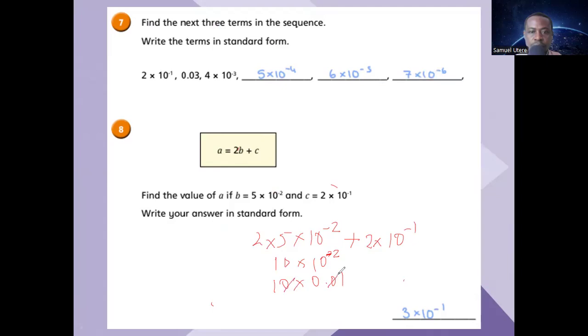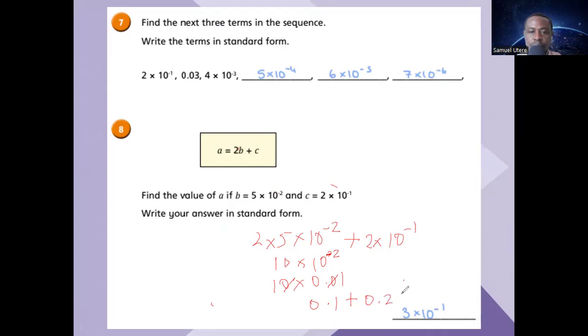So that crosses that out. So this is the same thing as 0.1. Now we have to add this. Remember, we write this as an ordinary number. This is the same thing as 0.2. Right? You remember? So 10 to the power -1 is a tenth. So this is the same thing as 0.2.